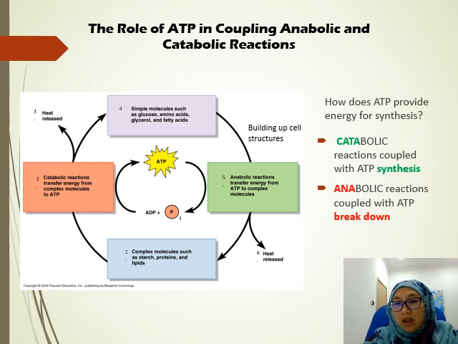In order to do that, anabolic reactions will happen. During these anabolic reactions, energy is transferred from ATP to the complex molecules. That means ATP is used during this process, and some of the energy is released in the form of heat. So in all, catabolic reactions are coupled with ATP synthesis, whereas anabolic reactions are coupled with ATP breakdown.